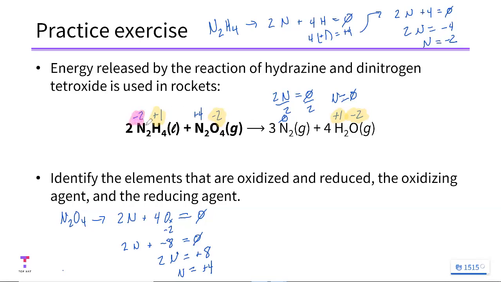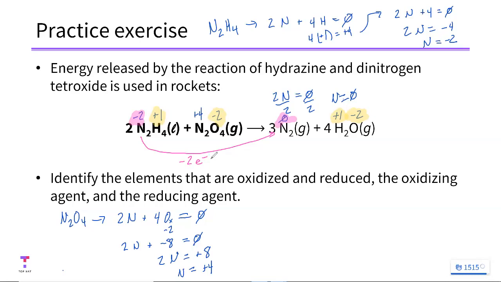And it's actually a weird circumstance here because what we're seeing is that nitrogen is changing both for the oxidation and for the reduction, but in 2 different compounds. So in pink here, we can see that the nitrogen in hydrazine is going from a -2 state to a 0 state. It is getting more positive, less negative.